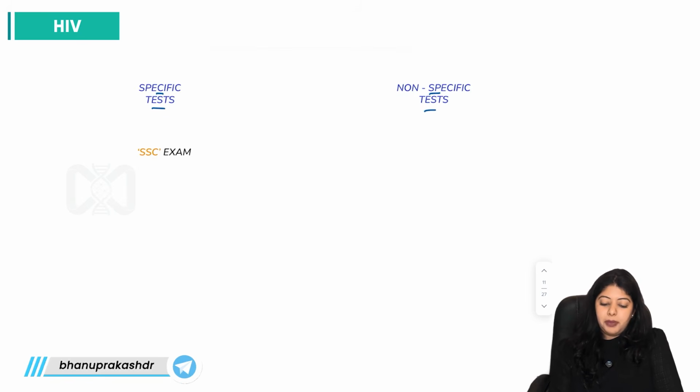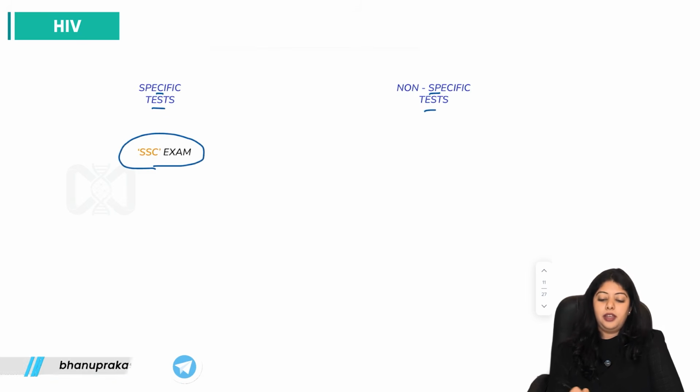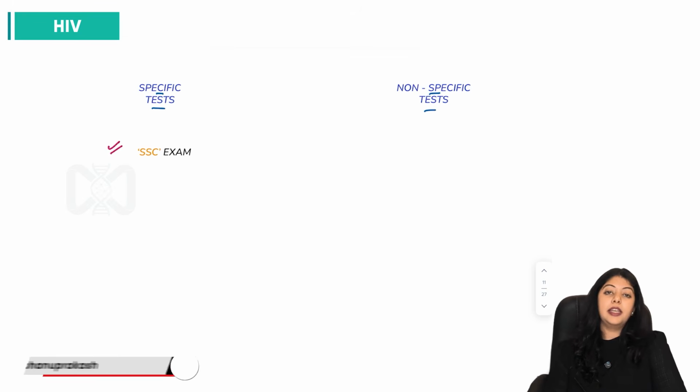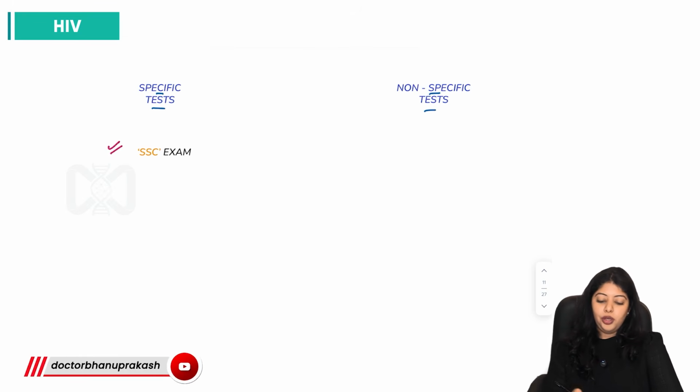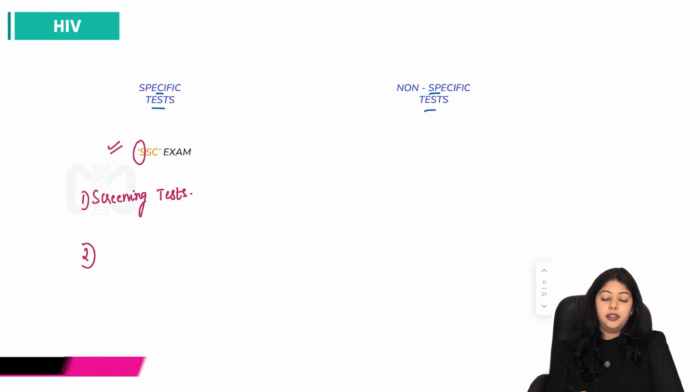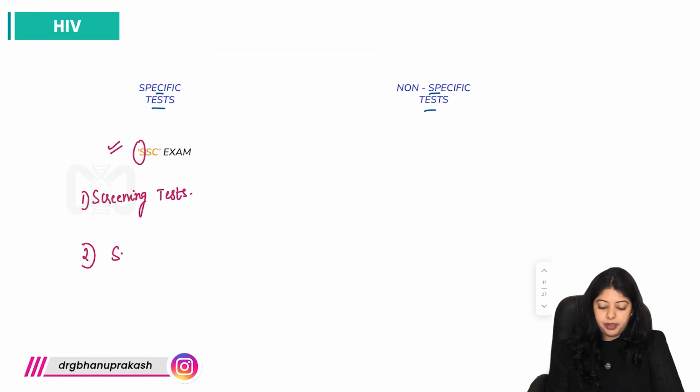So what are the specific tests? For that, we have this mnemonic, that is SSC exam. So first, S is used for screening tests. We are using the second letter for supplemental tests.